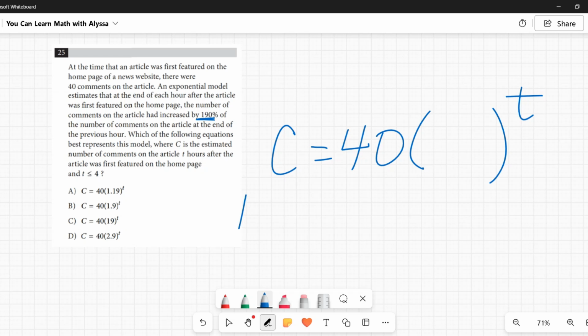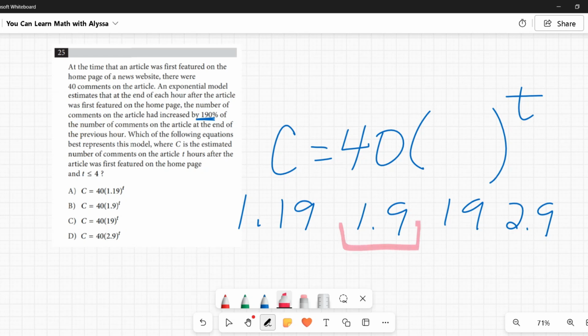Look at our options here. We have 1.19, 1.9, 19, and 2.9. And I'm going to bet that a lot of you were drawn to this 1.9. It's got these three variations that are so close. We got ones and nines. It's just little variations in where the decimal is or isn't.